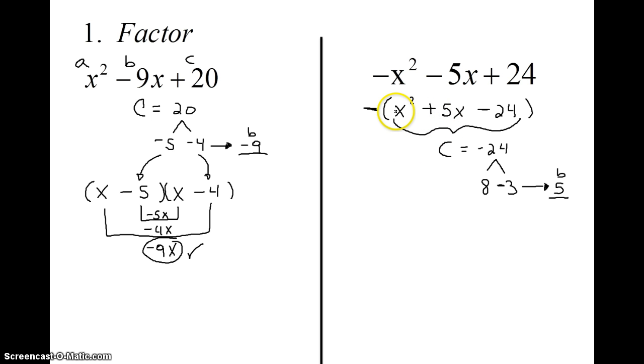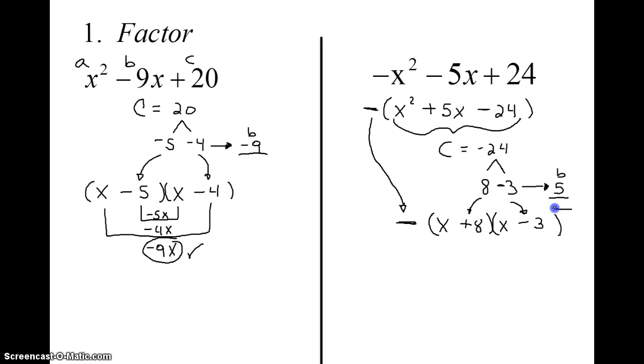So the next step: remember that negative that we factored out. First of all, you have to bring it down. So there's my negative. I'm going to have my two binomials, two parentheses. I need the variable x, which is what we're using in the trinomial. This one goes in the first parenthesis, this one goes in the next parenthesis, minus 3.